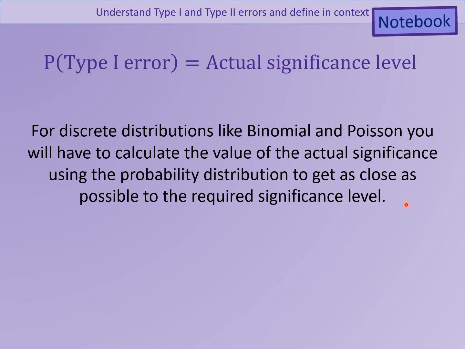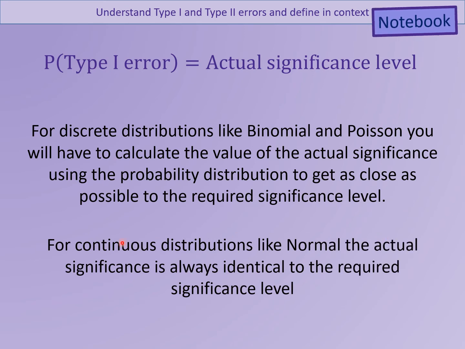Now, if it's not a discrete distribution, if it's a continuous distribution, like a normal distribution, or later on you'll be looking at an exponential distribution, those ones are easier to calculate because they are the actual significance level that you're given. So if someone says, I want a 10% significance level on a normal distribution, then the probability of making a type 1 error is 10%. It is exactly what they say.